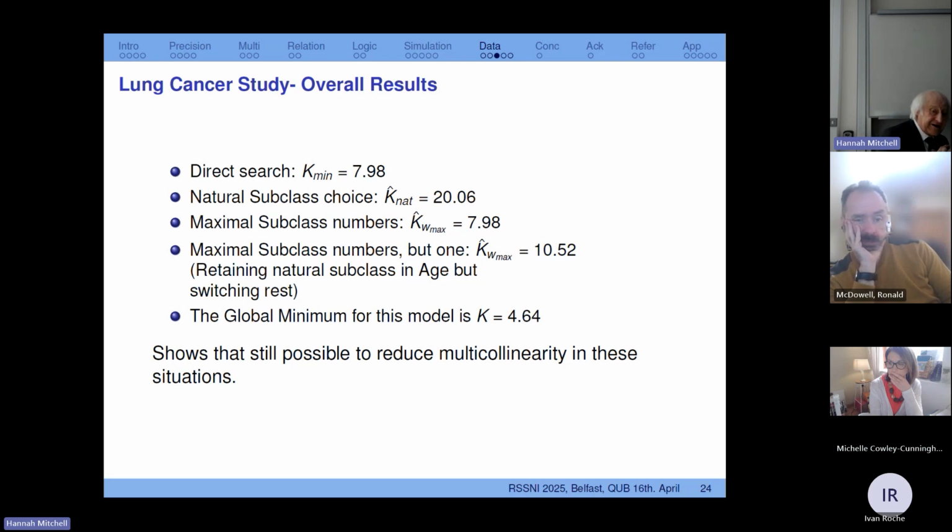So we can also find the global minimum. So if you think about the global minimum, what's that? The global minimum is that you forget about being constrained by what you've observed. In all of this work so far, we have been constrained by what has been observed.